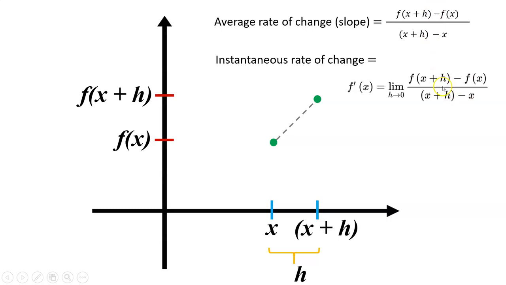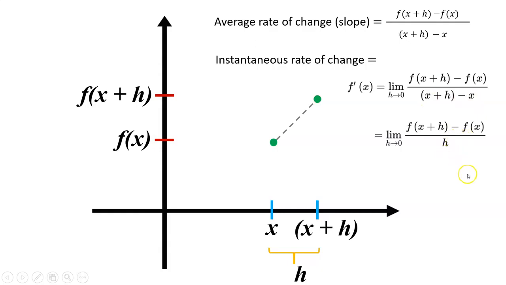So it is the average rate of change, but we're applying a limit on it for when h approaches 0. Right? Now this is a really interesting thing, which we will explore in a moment. Notice the only difference here is that you can do a little bit of simplifying in the denominator. Since there's an x and then a minus x, those will zero out.